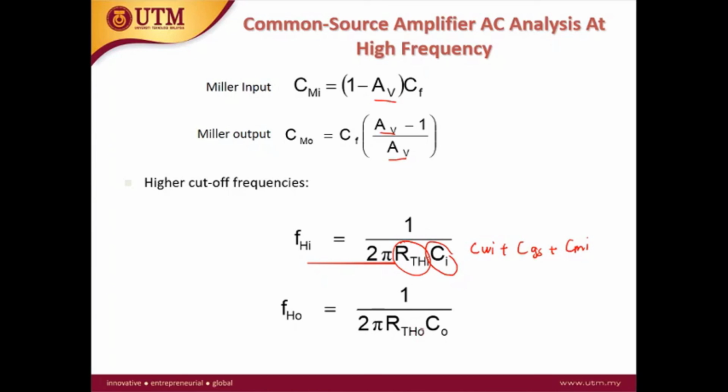The same goes for the output side. You need to know the effective or Thevenin resistance at the output side, as well as the total capacitance at the output side. Typically, we have CWO plus CMO plus CDS. CDS is usually ignored.